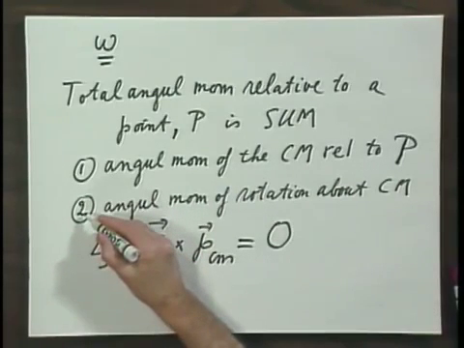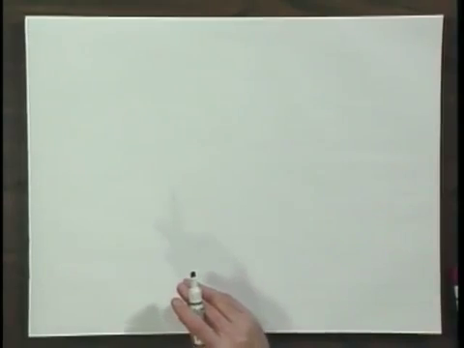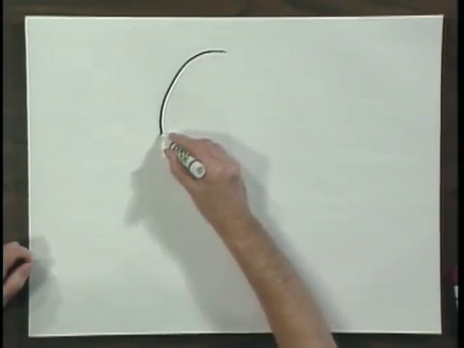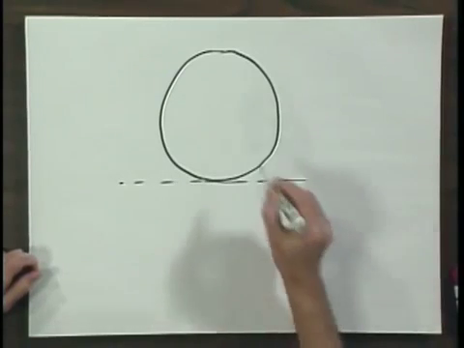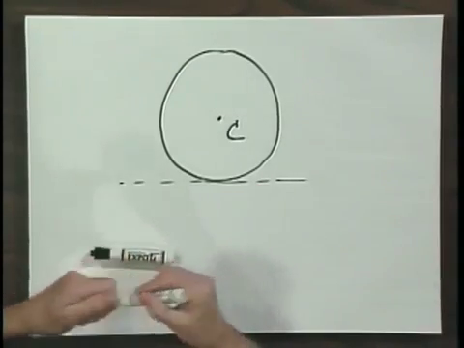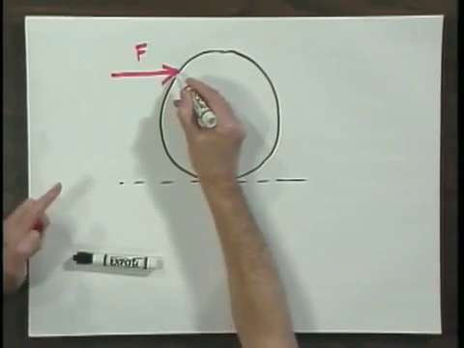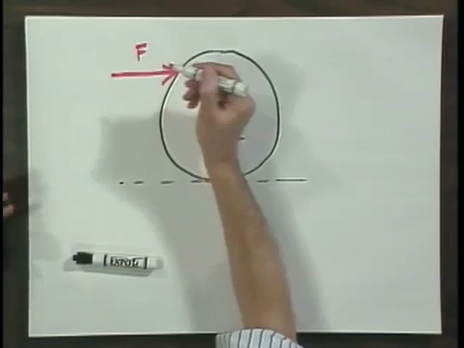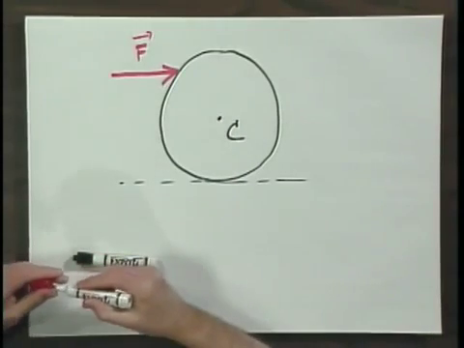All right, so this component is not there. So now we have to go to the second component, which is the angular momentum of rotation about the center of mass. So we give the impulse. Before we give the impulse, the angular momentum about the center of mass is 0. And after the impulse, there is an angular momentum about the center of mass, C. At any moment in time, there will be a force acting in this direction during the time that this force lasts, which is from the initial time to the final time, and the time integral of F dt would be the impulse.